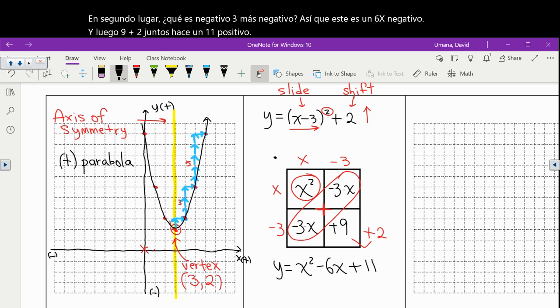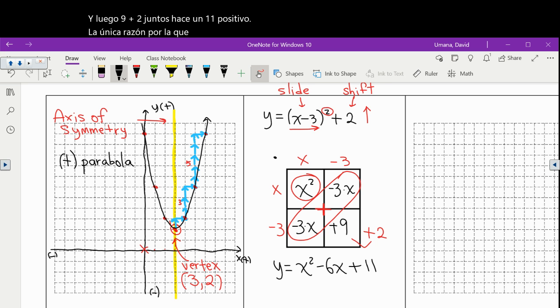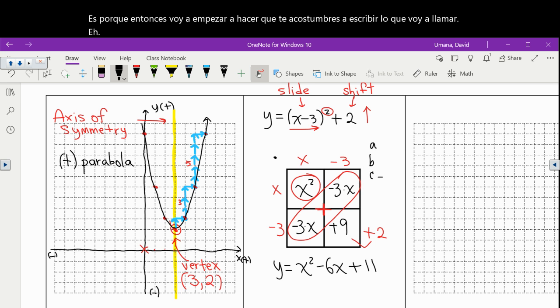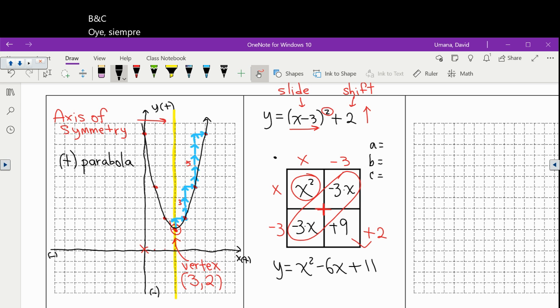The only reason I've been doing those numbers is because then I'm going to start having you get into the habit of writing down what I'm going to call A, B, and C. A is always the number that's supposed to be in the front of the x squared.